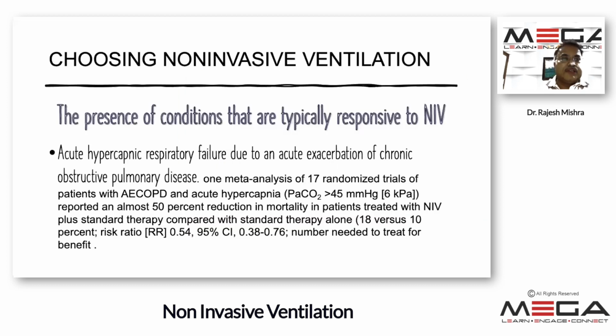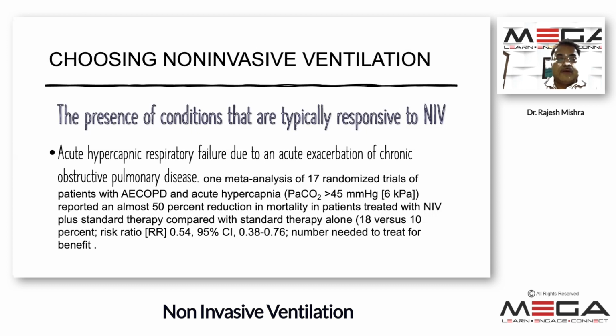Choosing non-invasive ventilation: presence of conditions that are typically responsive to NIV, as I told you, acute hypercapnic respiratory failure due to acute exacerbation of COPD, has been classically used. And most of the patients, around 70 to 80%, respond to NIV support. If a patient does not respond to NIV support, they will tell you in our show.